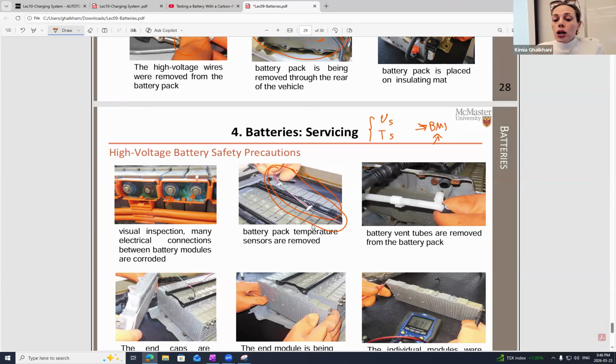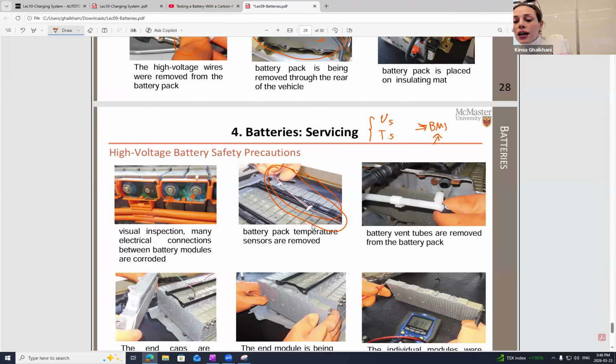Therefore, we have to remove the temperature sensors and the voltage sensor, because they are for the situation where we are connecting them to the battery management system. Now I'm going to troubleshoot, meaning every single module or cell in there must be checked individually. Therefore, I can use other devices.